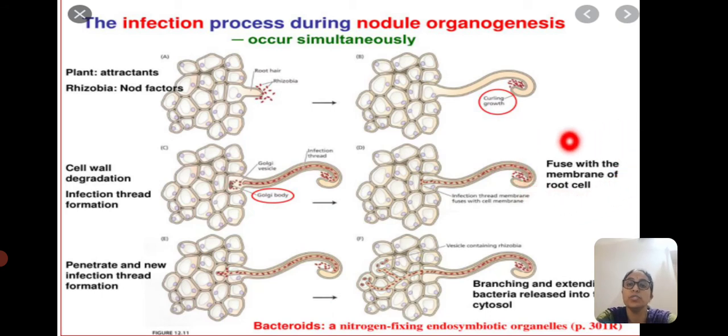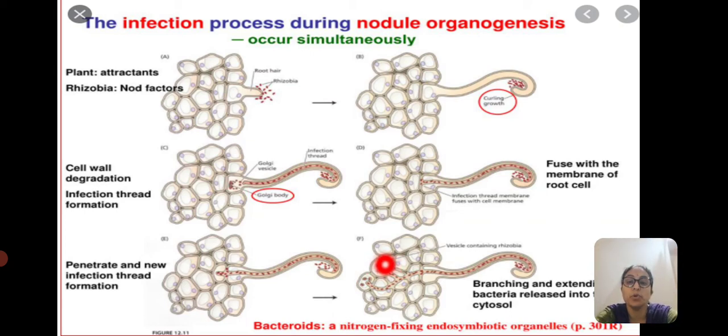Then they fuse with the root cells and get entry into the root cells. As soon as they enter the root hairs, they make the infection thread. Through the infection thread, the bacteria enter the cortical cells and colonize there, and they produce a special pigment, leghemoglobin, a pink colored pigment.